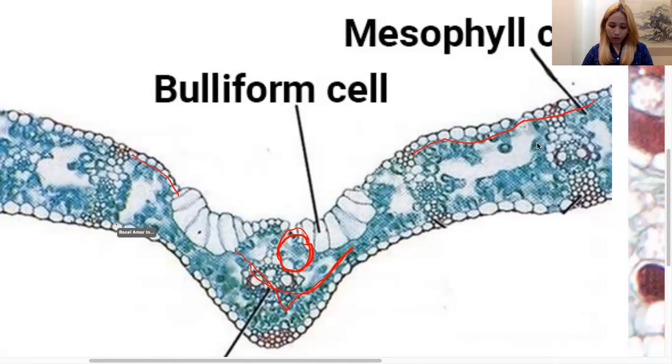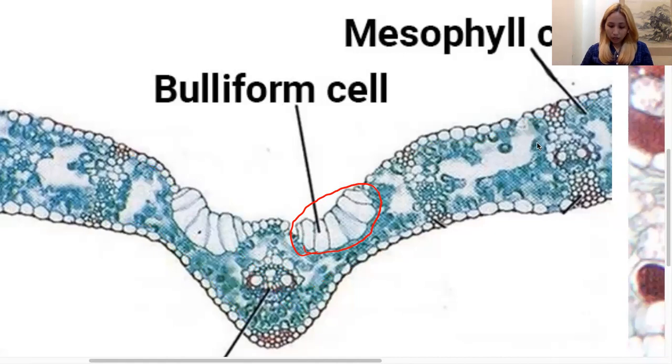In the areas where there are none, most likely what you have is a stomata. What I want to show in this particular picture are the bigger epidermal cells. These are modified epidermal cells, which we call bulliform cells. They are the ones responsible for the rolling of the leaf.